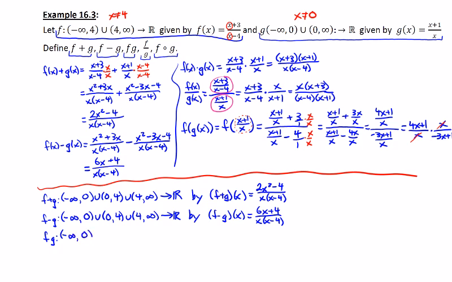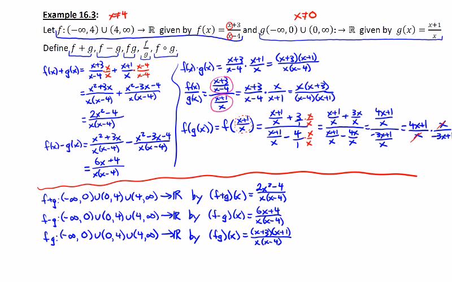So let me copy that down. That maps to real numbers, given by fg of x is equal to x plus 3 times x plus 1, all divided by x times x minus 4.